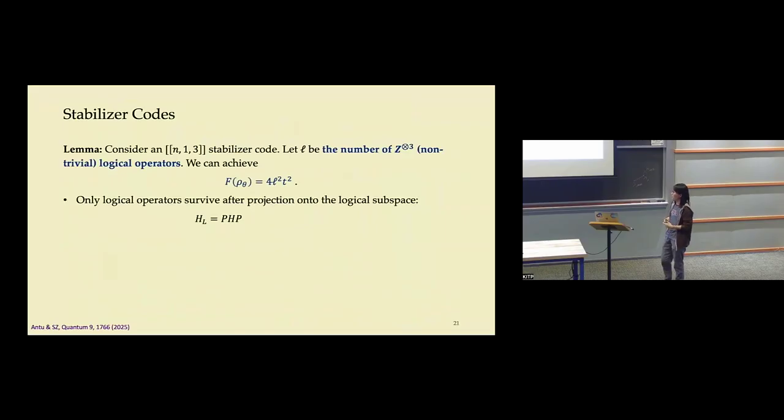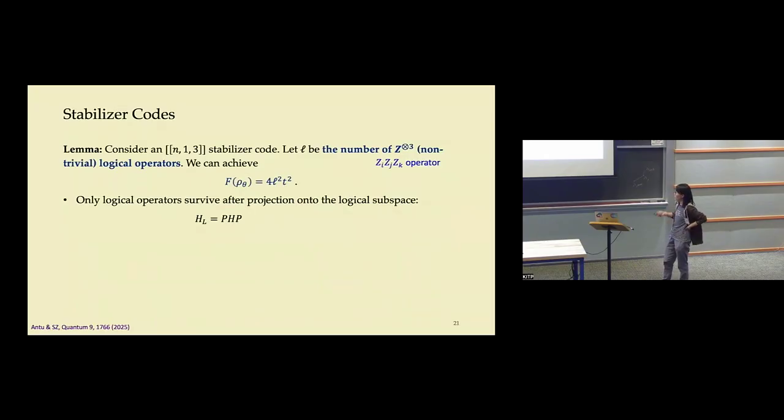Okay, so now we have this important lemma to help us understand how a stabilizer code can be useful for sensing a three-body Hamiltonian. It basically says that if we have a distance-3 stabilizer code with one logical qubit, and I use the number L to represent the number of Z tensor 3 logical operators, that is, any operator that can be written as Z_i Z_j Z_k and is also a non-trivial logical operator in the system, then you can see that in that situation we can achieve a Fisher information that is quadratic in L and quadratic in T. So why is that?